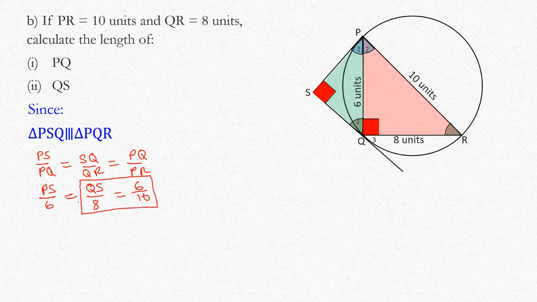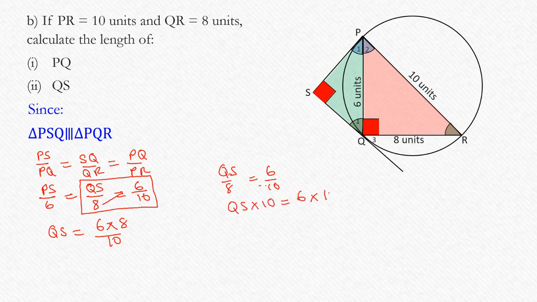Now using these two fractions, we can find our QS. You can cross multiply, or you just move the 8 to this side and multiply. So QS is equal to 6 times 8 over 10. Even if you cross multiply, QS over 8 is equal to 6 over 10, QS times 10 is equal to 6 times 8, then you divide by 10 both sides.